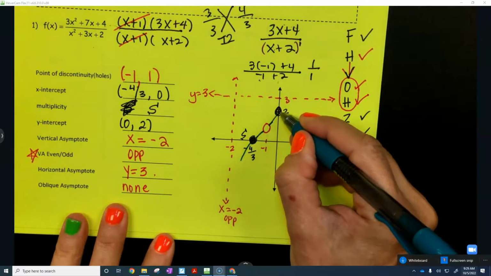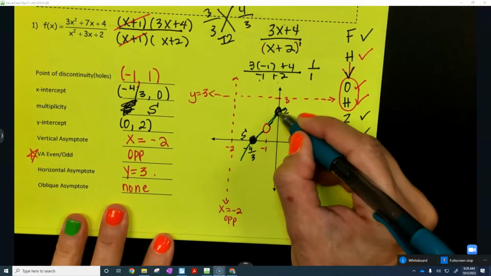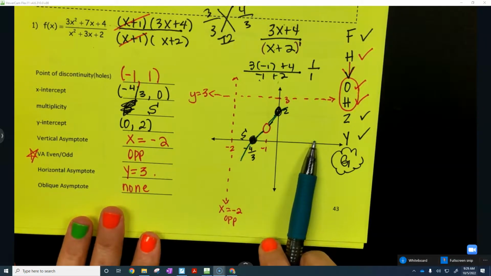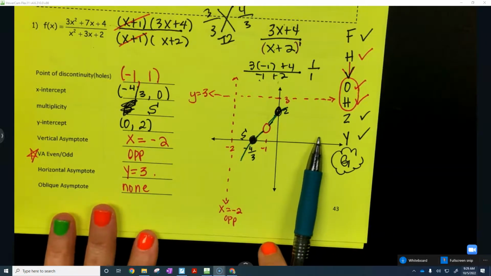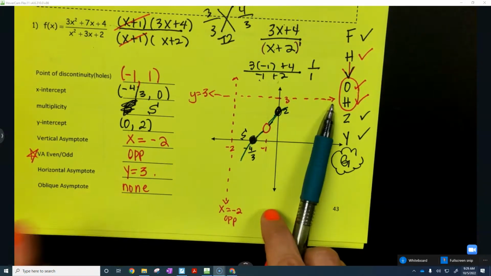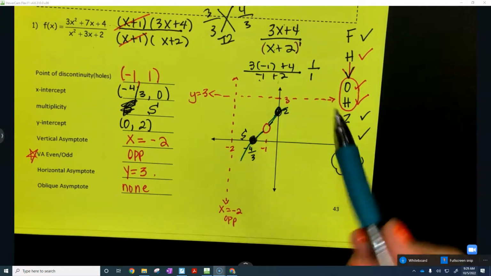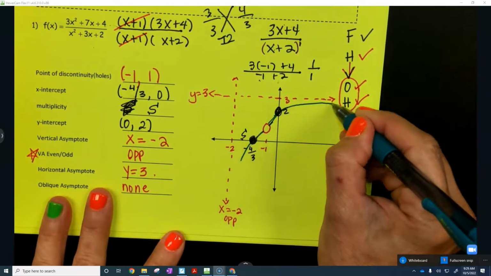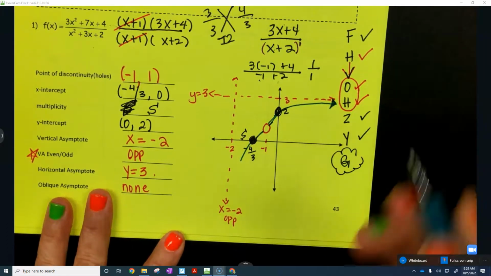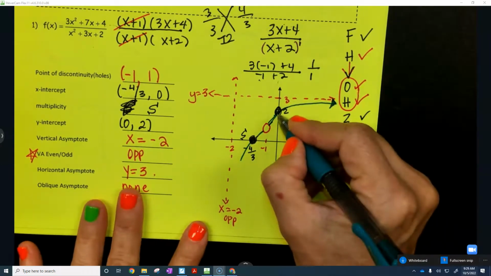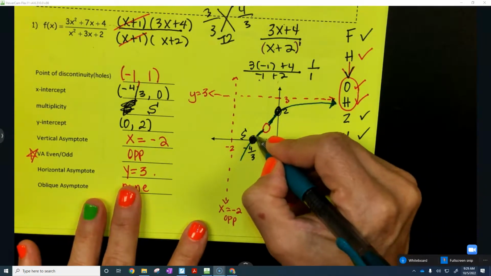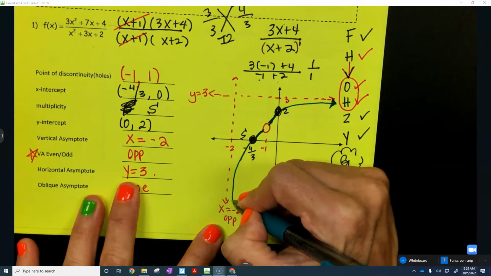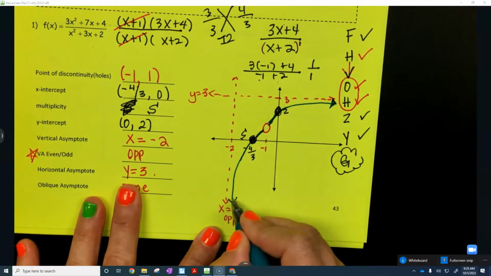Then it goes and crosses the y-intercept. And now, when it's on this side of the y-axis, it just hugs the asymptote, guys. Remember, these things love asymptotes. And then go hug your other asymptote over there on that other side.